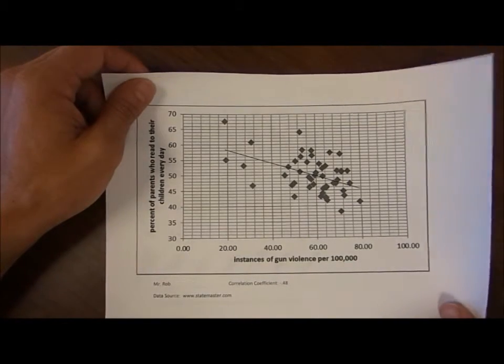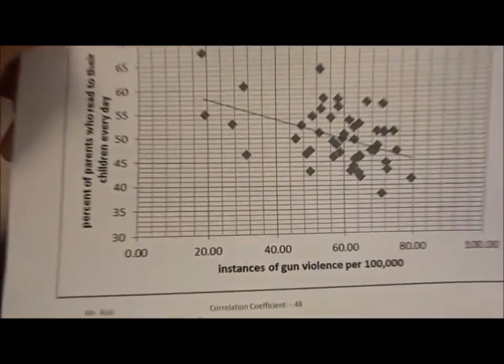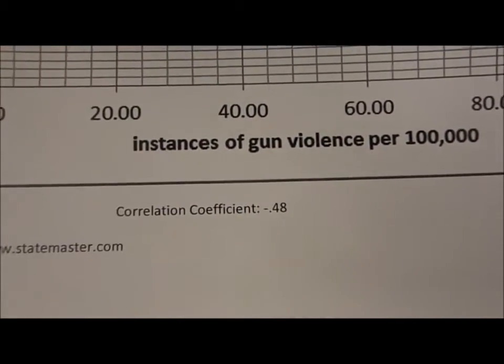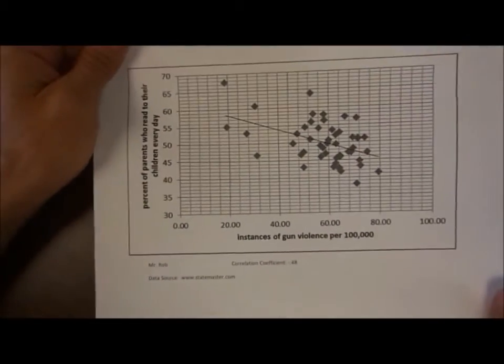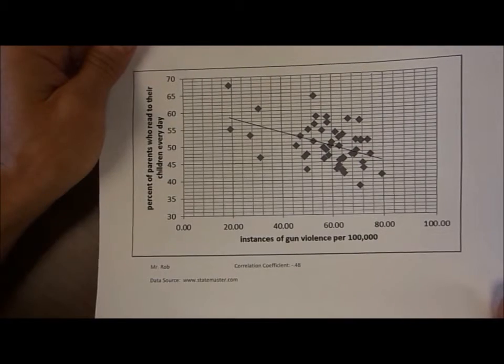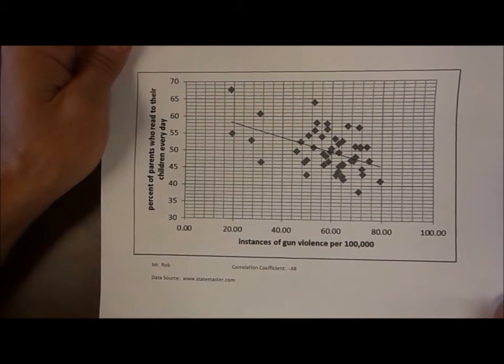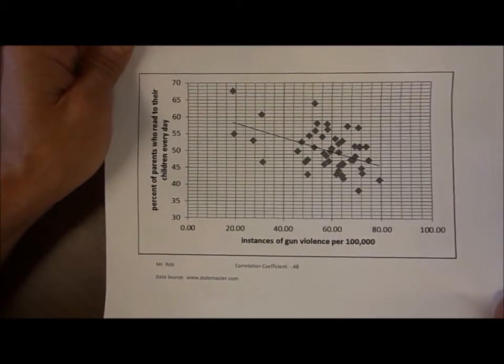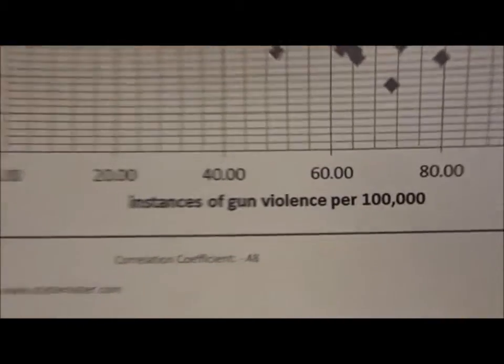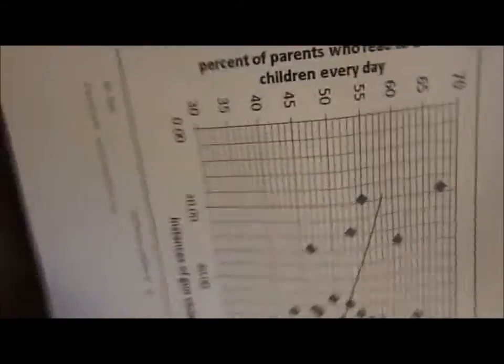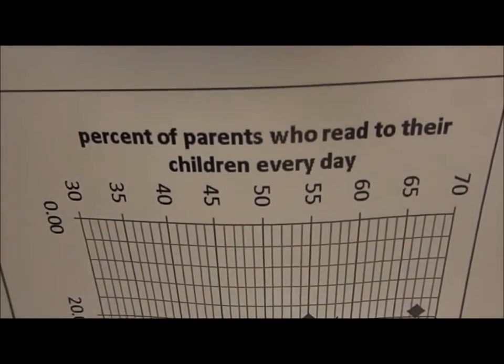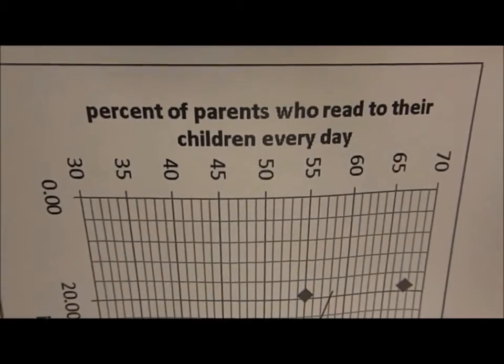The data set that I found with the strongest correlation was this one. Correlation coefficient of 0.48, stronger than general violence, stronger than violent crime, stronger than anything else. The correlation I found that was strongest was between the instance of gun violence and, I'll let you read it this way, percent of parents who read to their children every day.